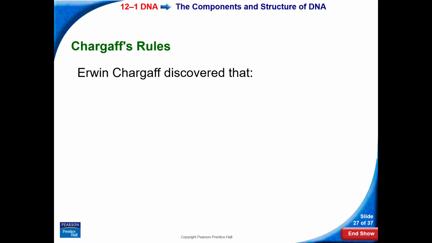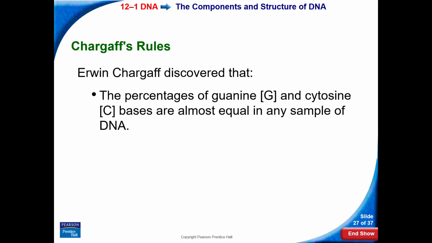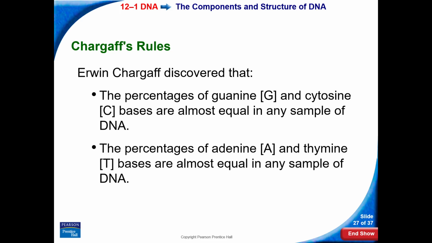There was a very famous scientist from California. His name was Erwin Chargaff. And Chargaff, along with a lot of other scientists who were studying nucleic acids, made a very important discovery shortly before Watson and Crick actually put their structure of DNA model together. And that was that the percentages of guanine and cytosine bases are almost equal in any sample of DNA, and conversely, the percentages of adenine and thymine bases are almost equal in any sample of DNA also.